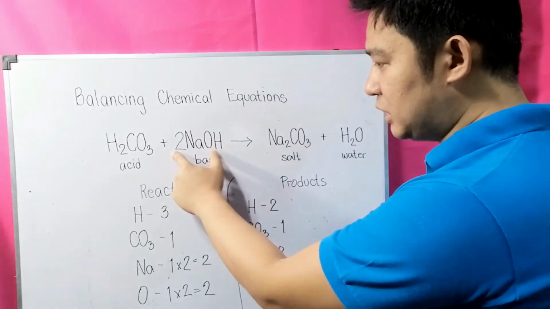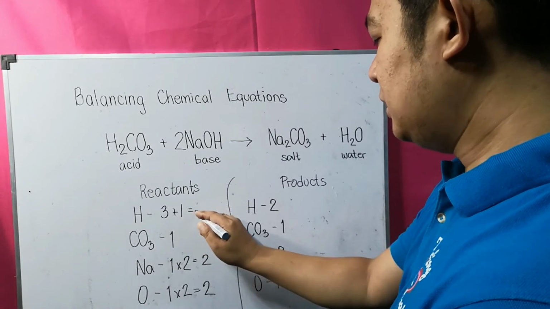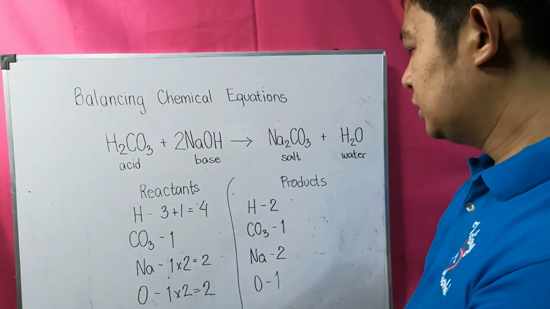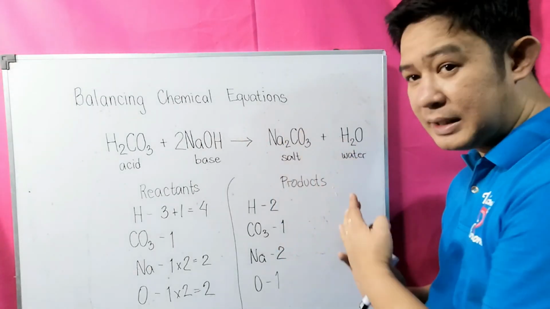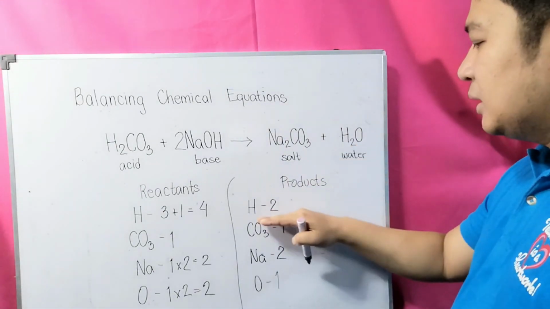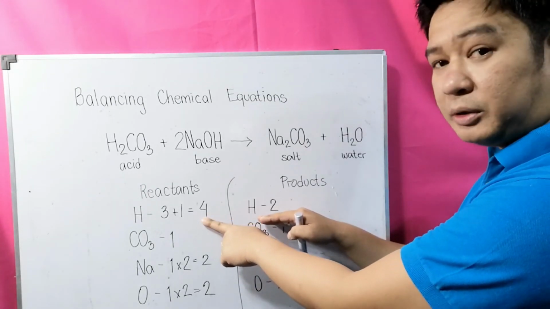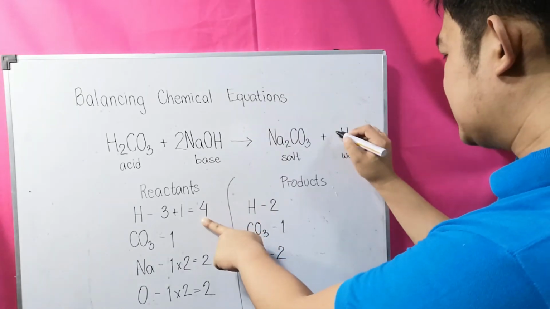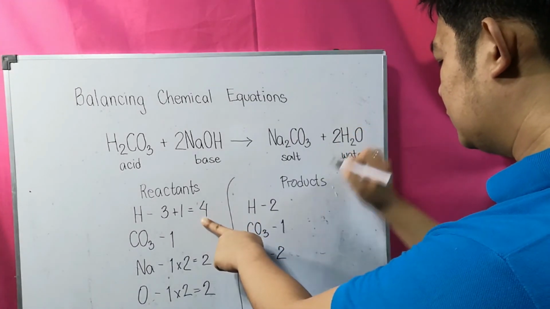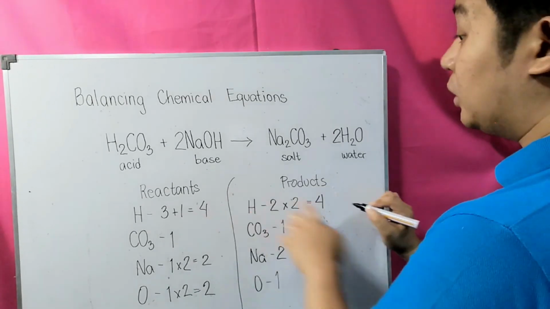So 2 hydrogen plus another 2, we have 4. Looking now at the product side, to make hydrogen equal to 4, the same as the number of hydrogen on the reactant side, we must multiply this by 2, making this also equal to 4.